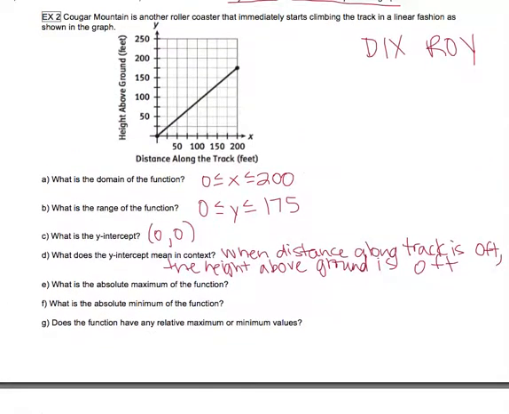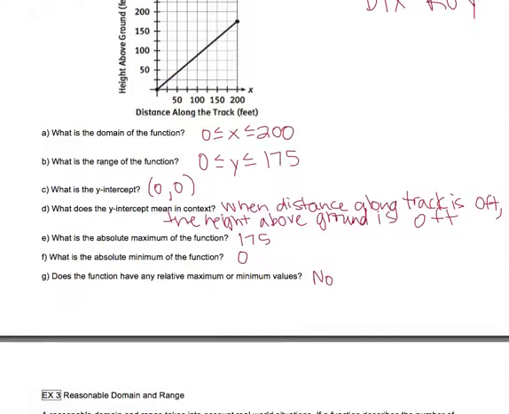So absolute maximum highest point here is 175. Absolute minimum, very lowest point here is 0. Remember, these are all y coordinates. And so then G, does the function have any relative maximum or minimum values? This would be a no, because there are no tops of a hill or bottom of a valley, and I'm not allowed to include the endpoints there.